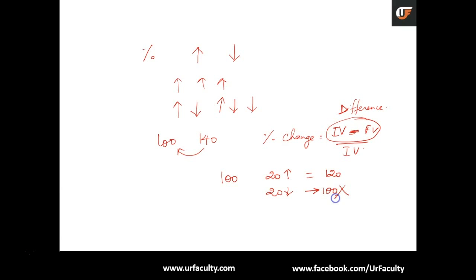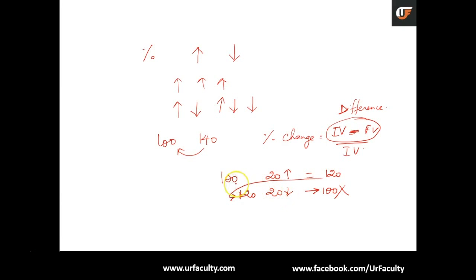No, that is wrong. In this case, the base is 120. Please remember, the question is a product is sold at rupees 100 and it was increased by 20%, and then the shopkeeper decided to later decrease the price by 20%.